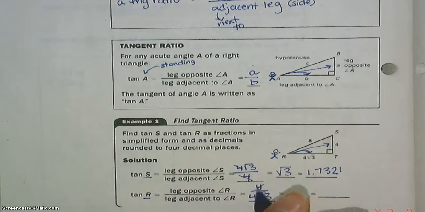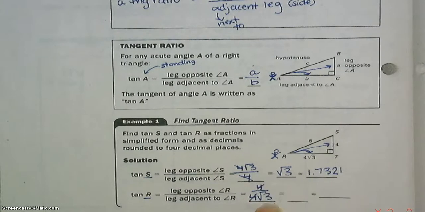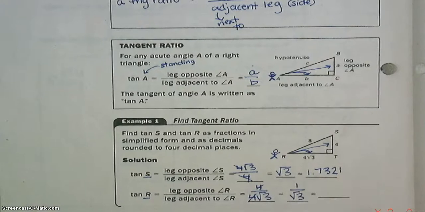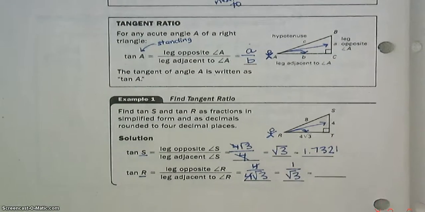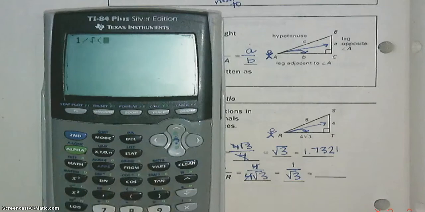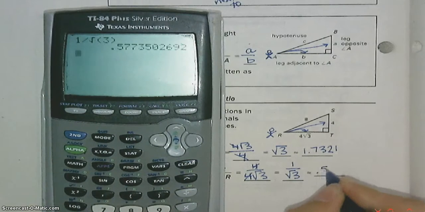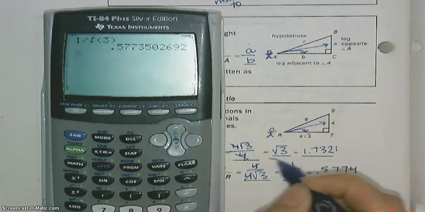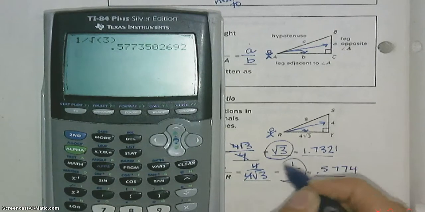Once again, our 4's cancel, but notice our square root 3 is on the bottom. That means this is 1 over square root 3. I would leave it just like that, but you can put it in your calculator if you want, because the direction said 1 divided by square root 3, 0.5774. But I'd like to leave mine like this.